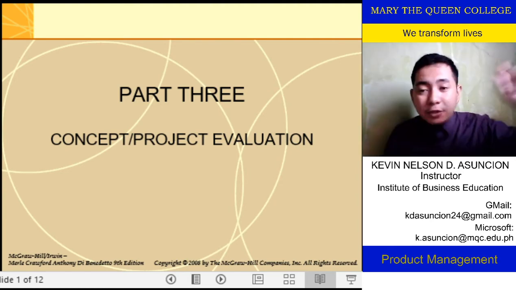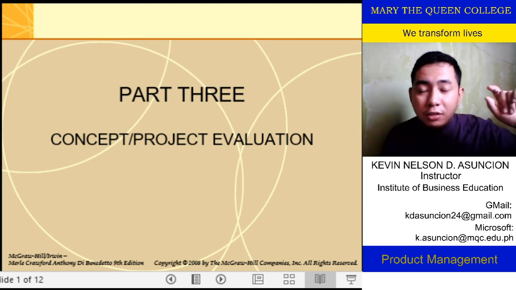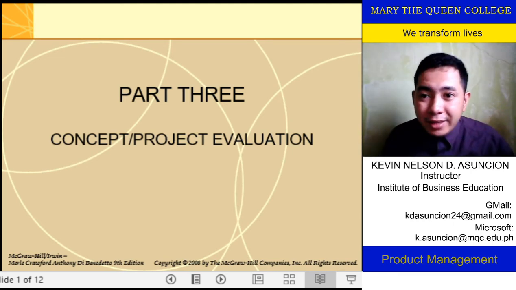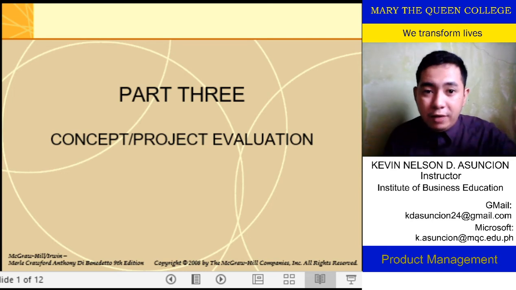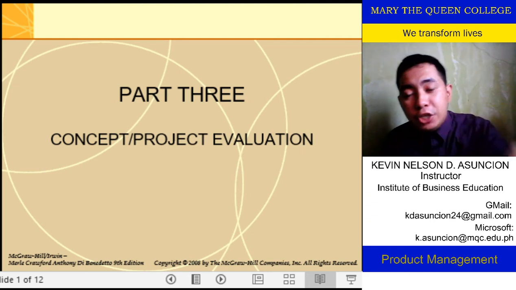After identifying the things that you need to solve and generating the concept, you need to evaluate that concept. That's what they call concept or project evaluation.